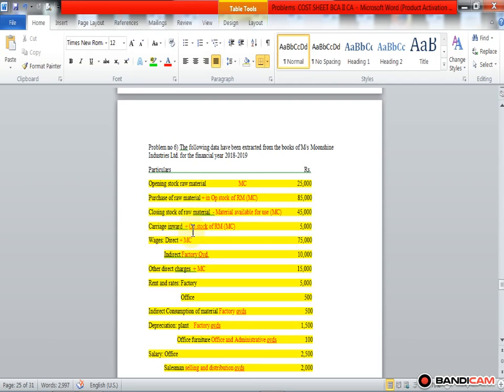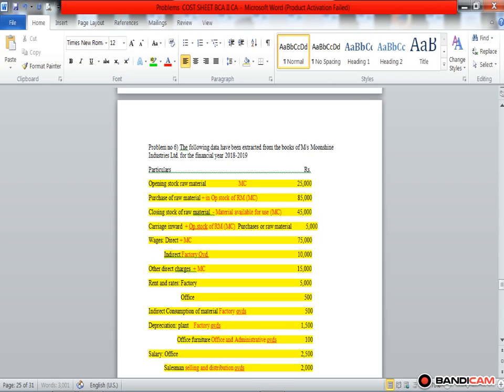Carriage inward means the expenses incurred for purchase of raw material, so it is added in opening stock of raw material or purchases of raw material. Okay, here remember this, the expenses incurred for purchase of raw material is added in purchase of raw material.